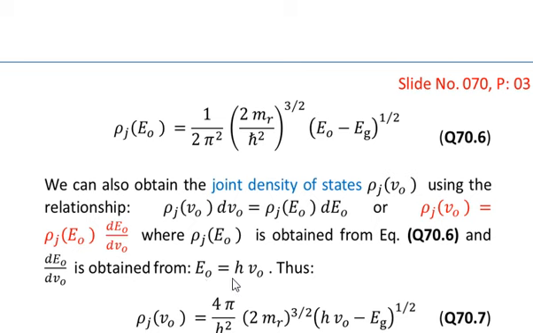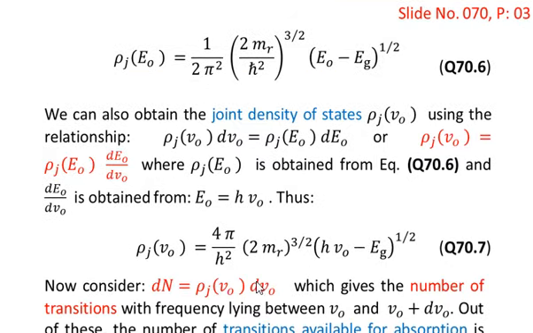So if you take the derivative of this equation, d E naught over d nu naught, you will get that equal to h. So substituting this over here in this relationship, that is, we are replacing the derivative.